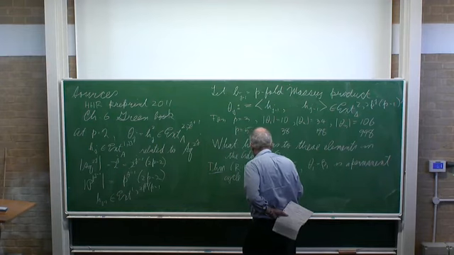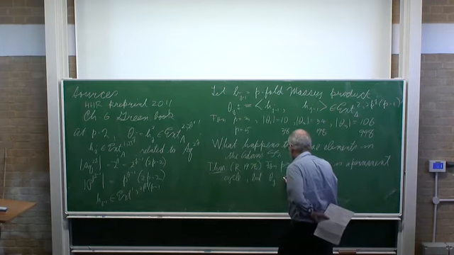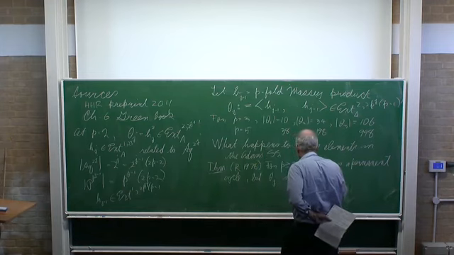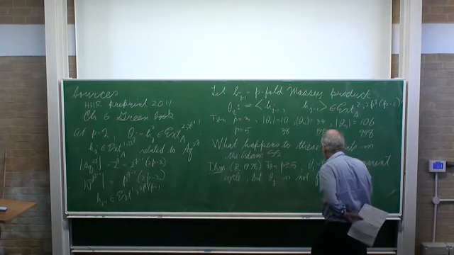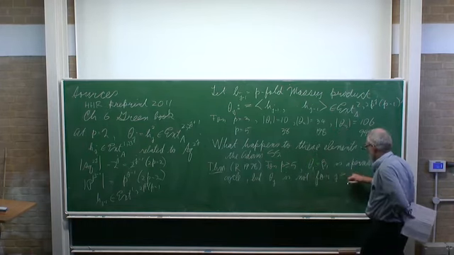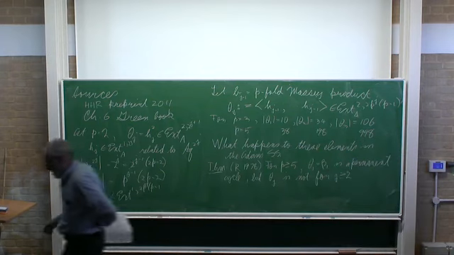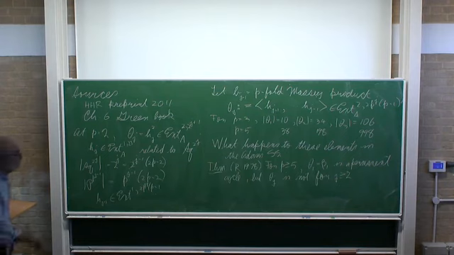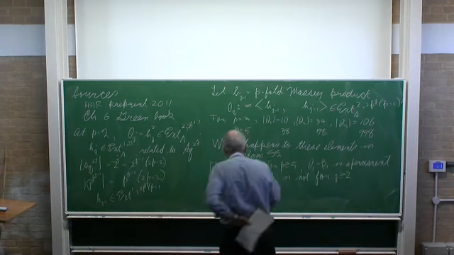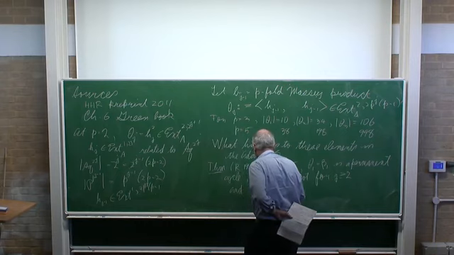But in all the other cases, all the higher theta j's fail to exist, and moreover, there's a differential in the spectral sequence that looks like this.